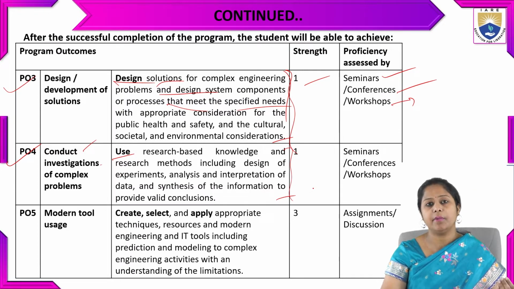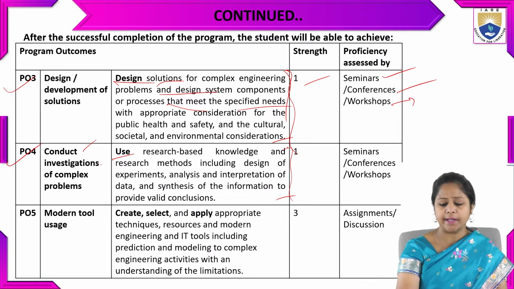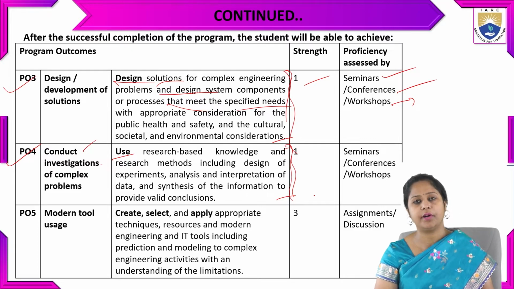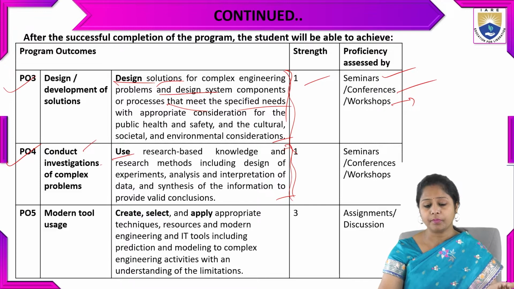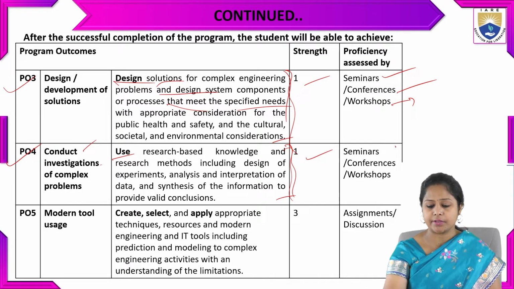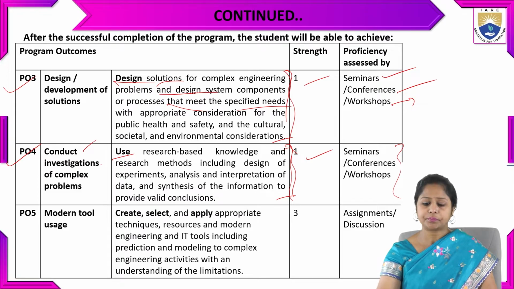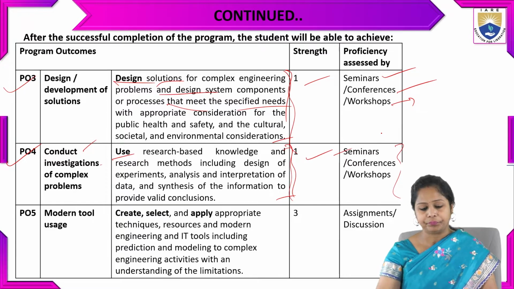So he'll be able to provide the interpretation and analysis, and after that he can give the proper conclusion for the particular complex problem. So strength will be for that 1, and the faculty is going to assess the student on the basis of seminar, conference, and workshop.